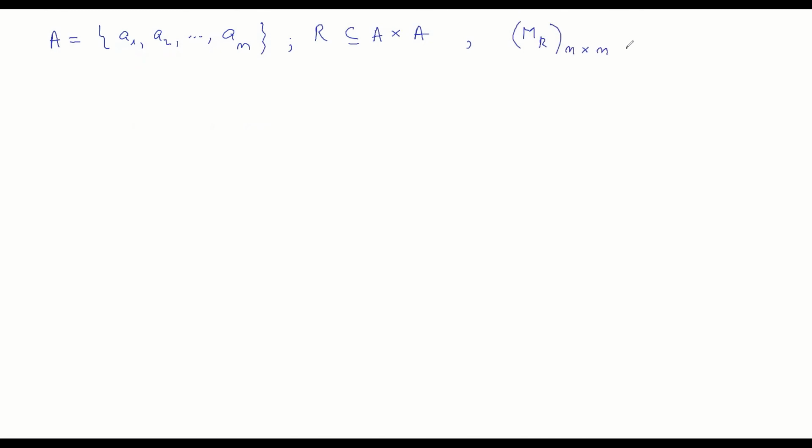And there are a few things that I want to define here. One is the identity matrix. So the Boolean n times n identity matrix. This matrix IN is the one having 1 on the diagonal and 0 everywhere else.